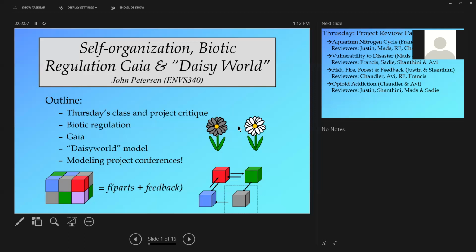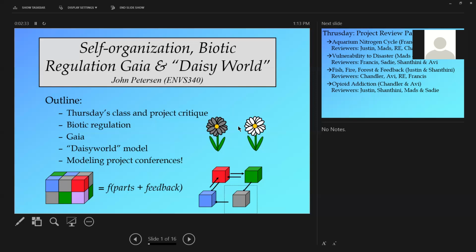And because it seemed like this was a common property of many of the models that folks are examining, I thought it would be useful to start with a pretty cool simulation model that isn't necessarily directly related to any of your models, but the way this model was set up as a heuristic learning tool is to explore various different scenarios.